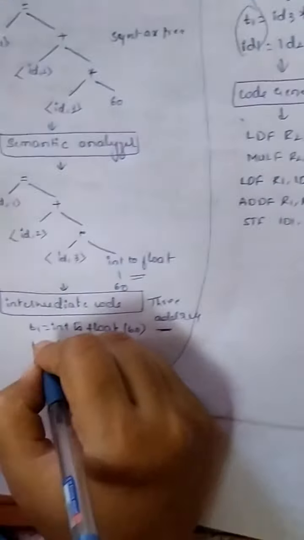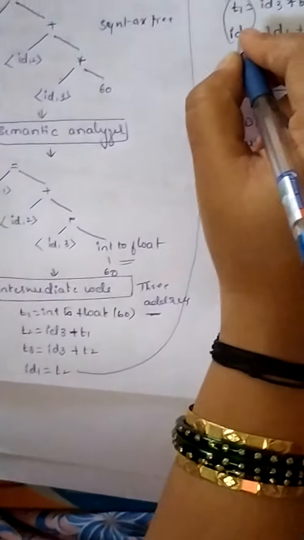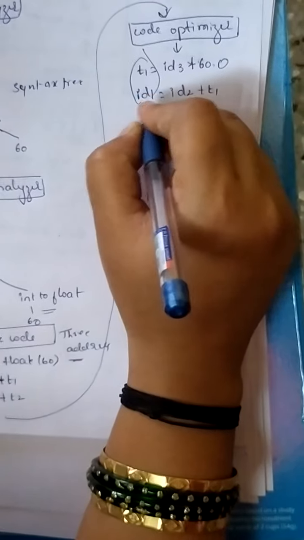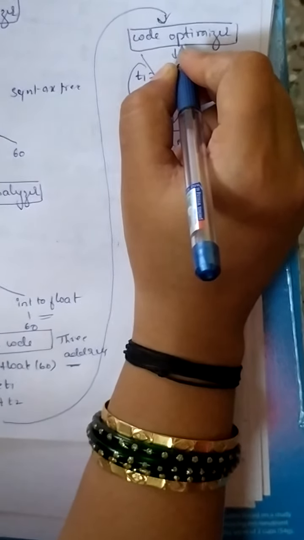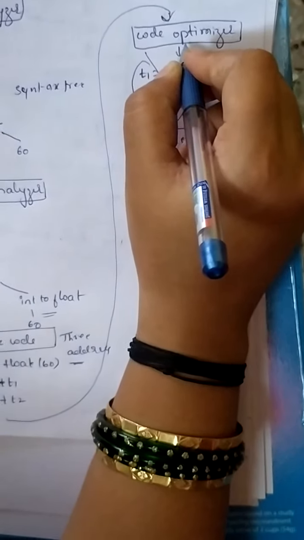So here we are using 4 temporary variables, and here we are using 2 temporary variables. This is the concept of the code optimizer. The main job of the code optimizer is to optimize the code, and it is going to generate once again intermediate code representation, again in the form of 3 address code.